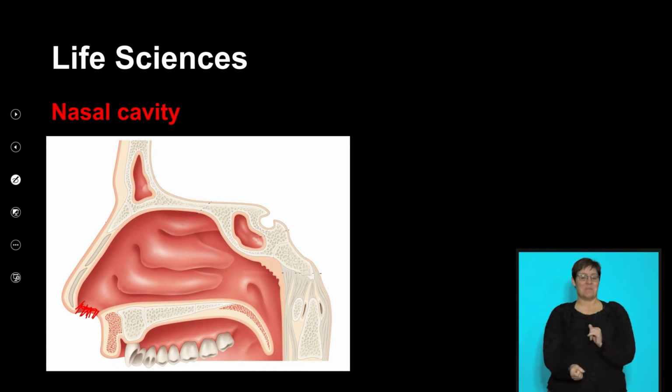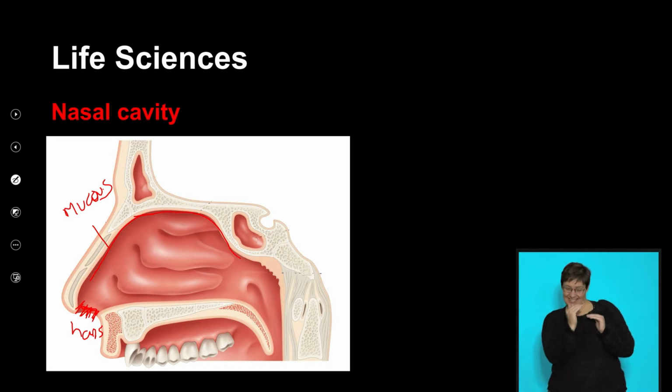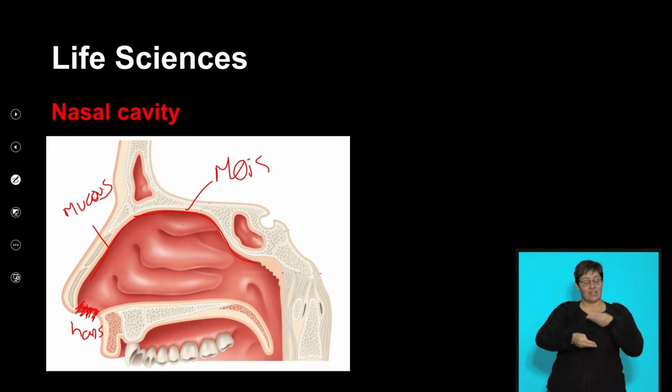So we've got little hairs that are going to trap the dust. Also, what have we got in the nose? Mucus. A lot of you call it snot. Yes, you are quite right, but we've got a lot of mucus. Now, if you go to one of our points, what must a gaseous exchange system be? It must be moist. Why?